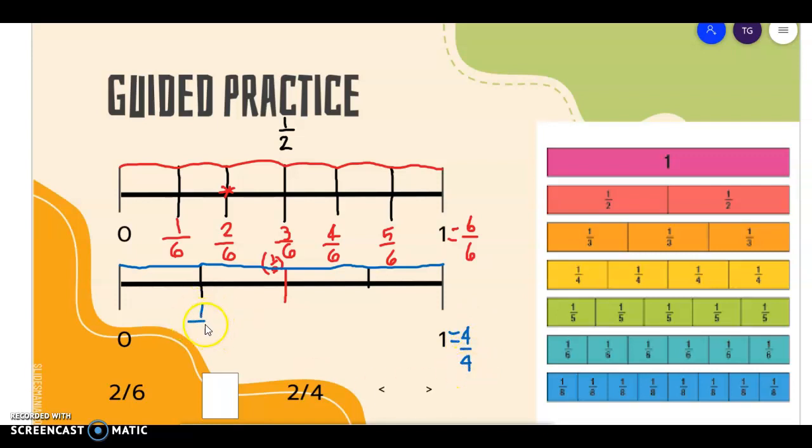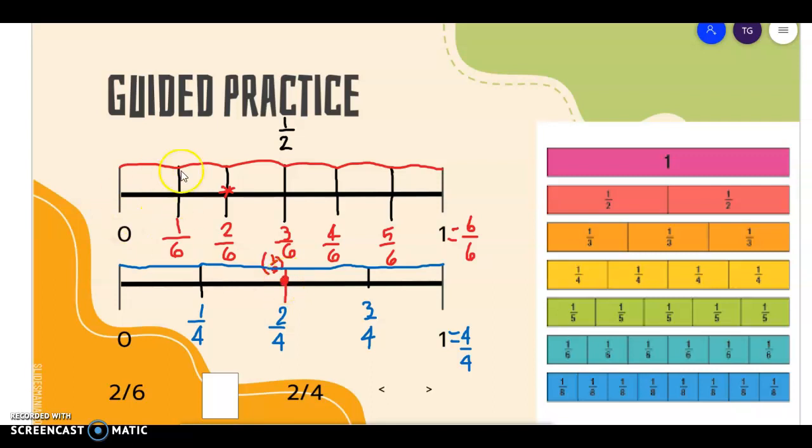So my first marker will be 1/4. The next tick mark will be 2/4. The next one, 3/4, and then we know that it's 4/4. Okay, so 2/4 is here on my number line.